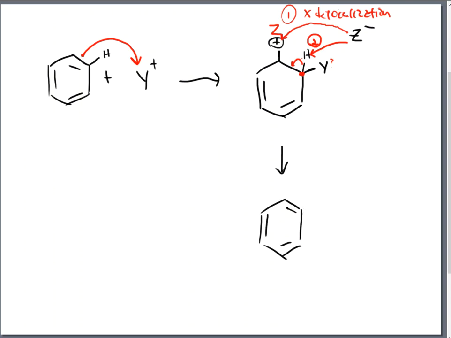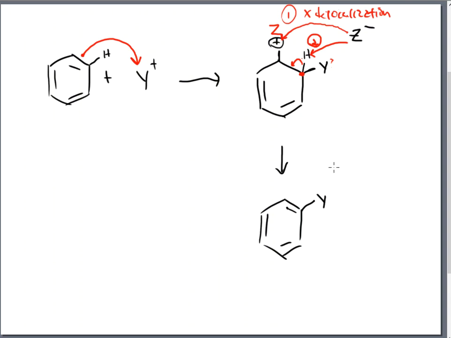Nothing else of the ring got touched. And now this Y component is attached to that ring, not the hydrogen. That hydrogen has been ripped off, and that hydrogen has been ripped off by that negative piece that came in. In other words, a nucleophile at that point.